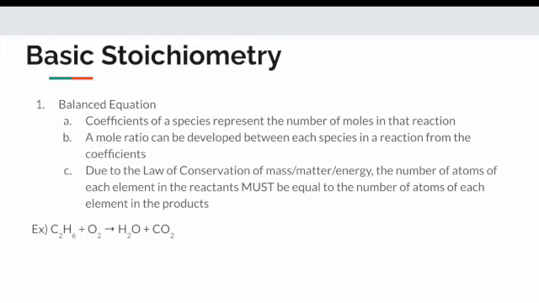All right, now a balanced equation. This is very important for the theoretical side of chemistry. I'm sure if you take a chemistry class, you've seen this before. If you look at the example at the bottom, C2H6 plus O2 yields H2O and CO2. What are the coefficients in front of the species? In the equation on the bottom, you won't see the numbers.